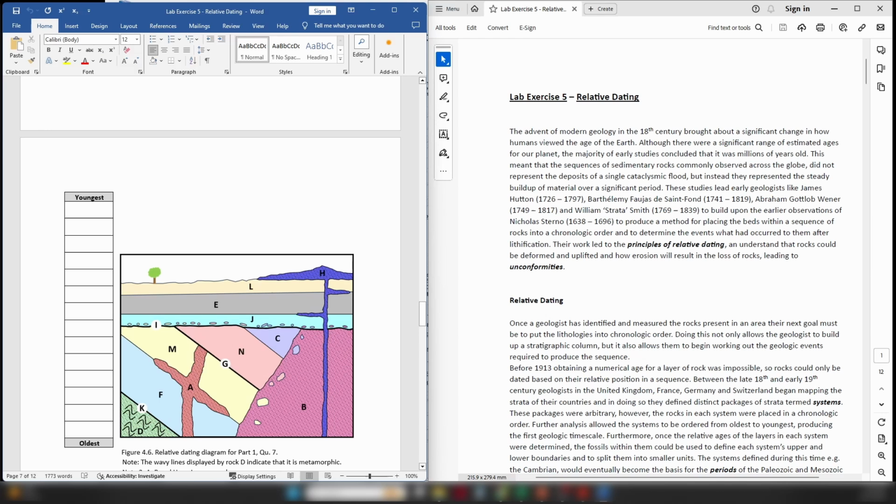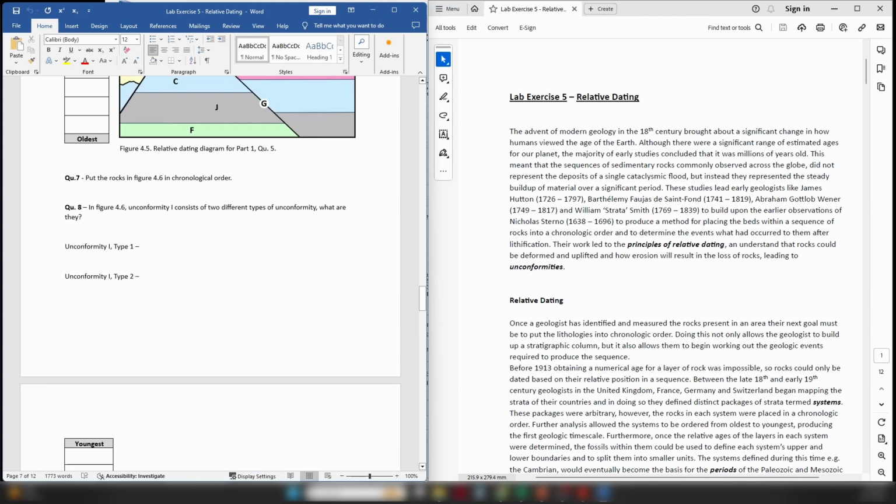Along the length of it, it's mostly one type of unconformity, and then it actually changes into a different type of unconformity. So question 8 is simply asking you which two types of unconformity make up unconformity I.